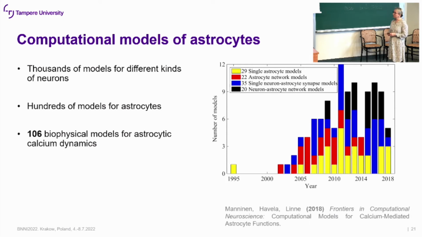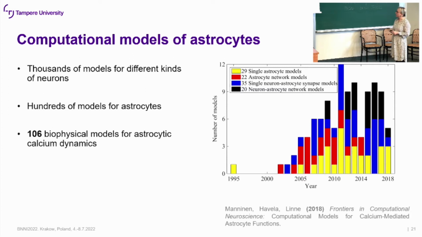We studied about 106 of these models, and we concluded that there are single astrocyte models, astrocyte network models, single neuron astrocyte synapse models, and then neuron astrocyte network models.